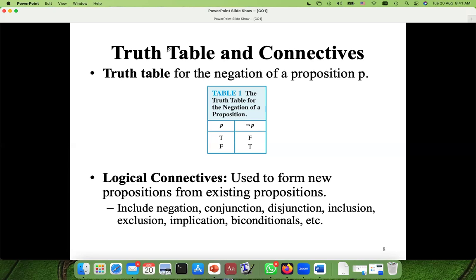So, for example, this is a table for the negation of a proposition P. If some proposition P is given to you and you are being asked to make a truth table for that, then you have to first look how many variables you have there for which you have to find the truth table. And here you have only one P.